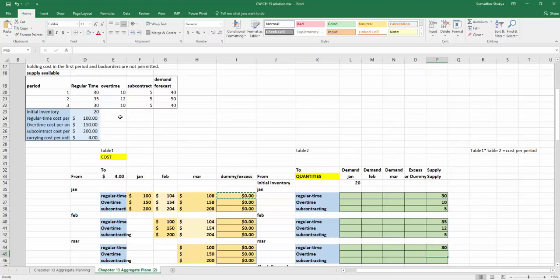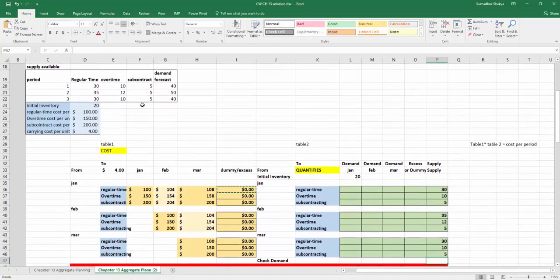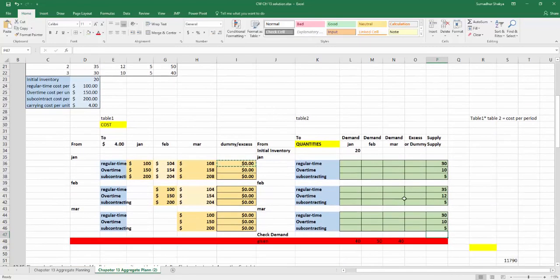We can make 30 in regular time, 10 in overtime, and 5 in subcontracting. Okay. Now if you remember from the linear program, this in essence is our RHS. Okay, this is the limit. Similarly, if you were to look at this 90-degree tilted, this becomes our RHS.